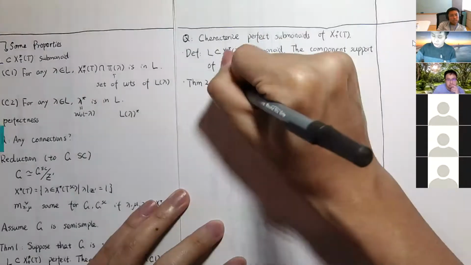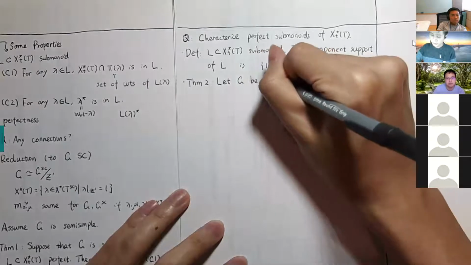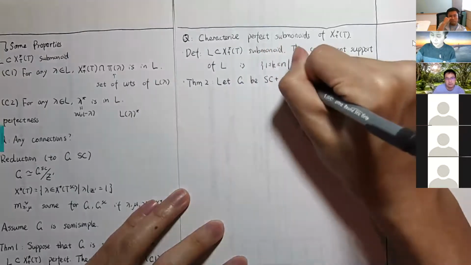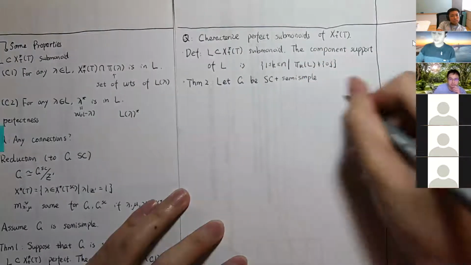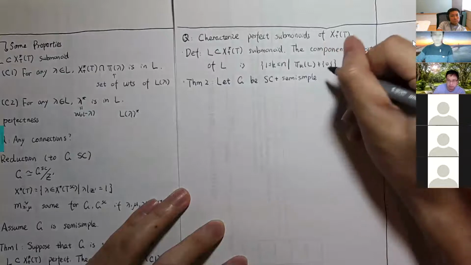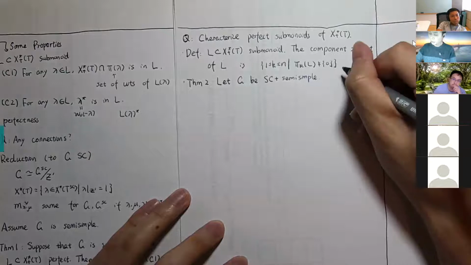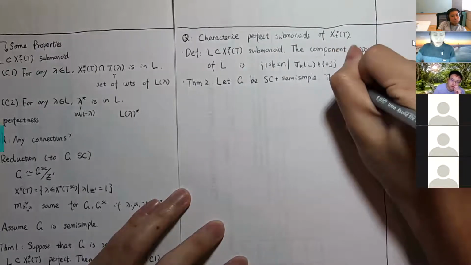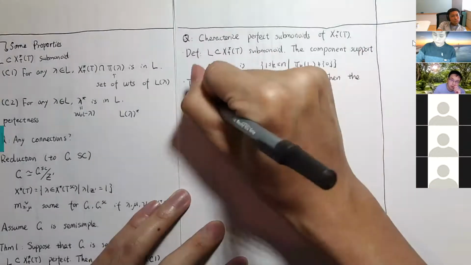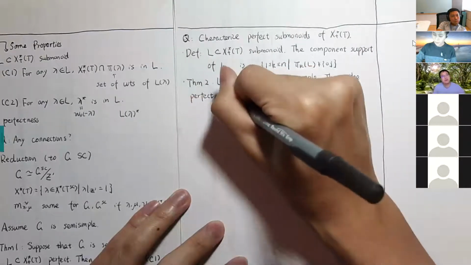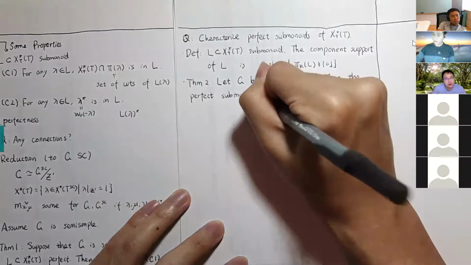So let G be, to be strict, simply connected and semi-simple. Actually this theorem, I'll just write down the version for the simply connected case. There is a modified version for the general case, but for that I need to define some more notations, and there will be some technical discussion, so I don't want to talk about that here.